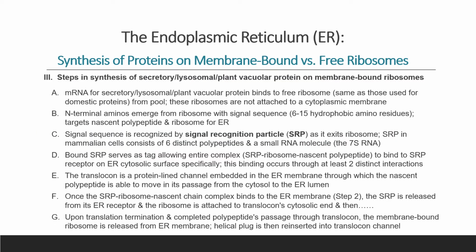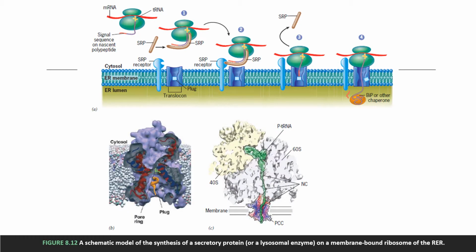These are the steps in the synthesis of secretory, lysosomal, and plant vacuolar proteins on the membrane-bound ribosome. I will not be discussing them one by one; just read up on the different steps.